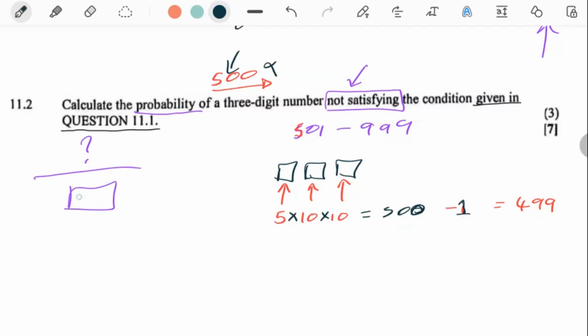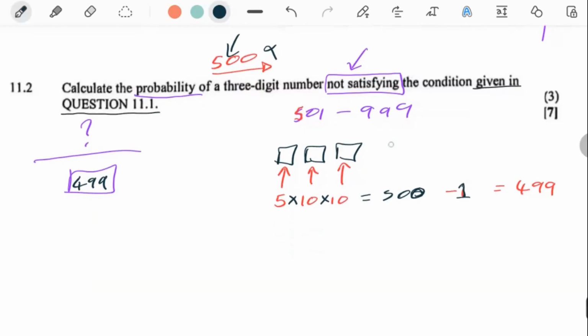So what we know is we have a total of 499 values in total. The numbers that don't satisfy the condition will technically be 499 minus 152. 499 minus 152 is giving us a total of 347.